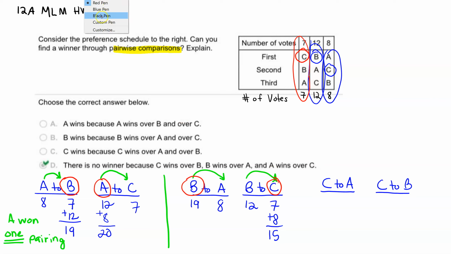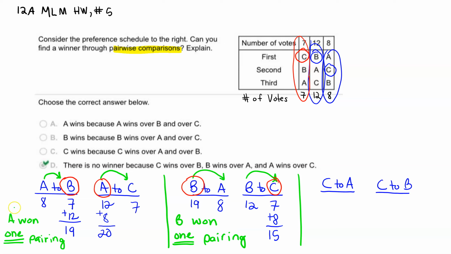So when I look at that round, B won a single pairing out of the 2 pairings. So B won one pairing. Okay, so right now, if I stopped right now, candidate A and candidate B are tied because they both won 1 out of 2 of the pairings. So they won half the pairings.